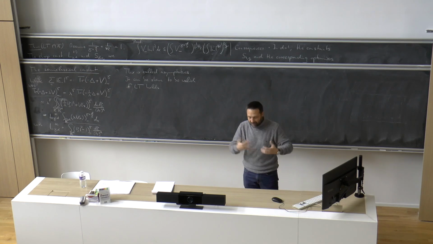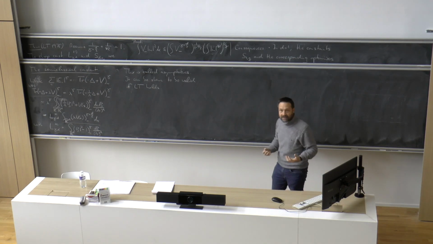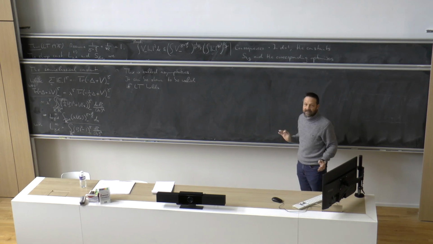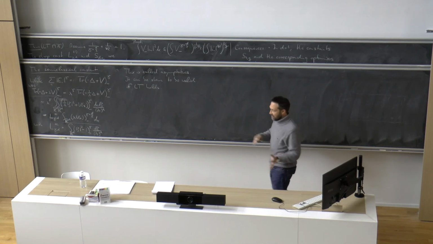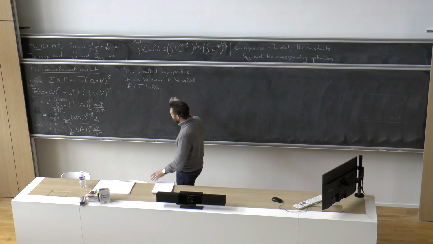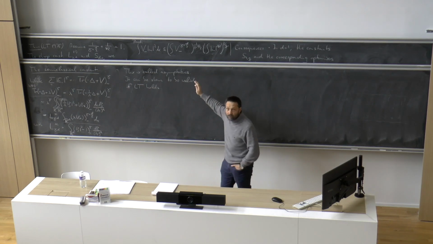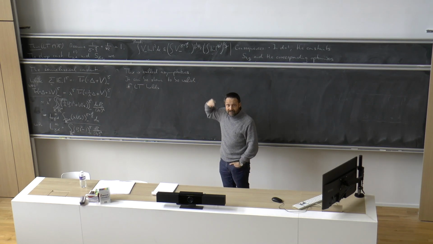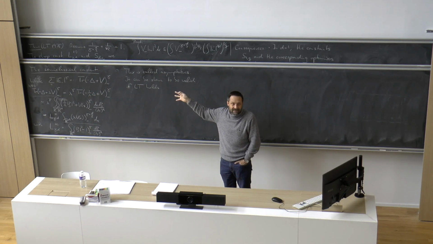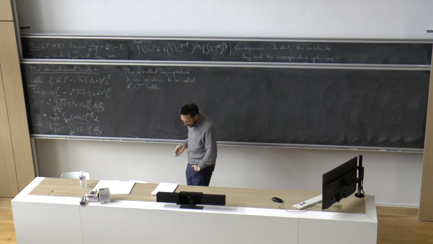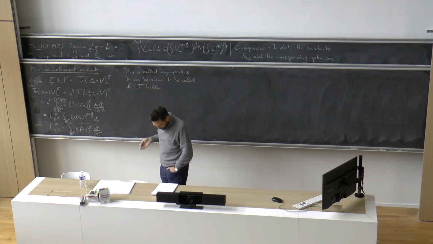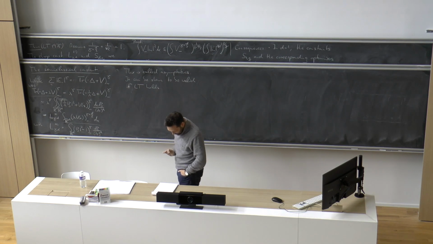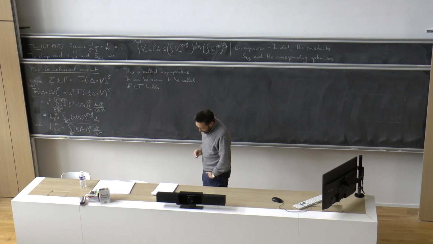Lieb-Thirring really captures a lot of effects, even from a semi-classical point of view, which is somewhat different from all the things that we've described so far. I think this is what we're going to do next time. Next time is the time when we talk about proofs, and I will tell you about this semi-classics. How does one actually prove this? There will be some nice arguments, I hope.